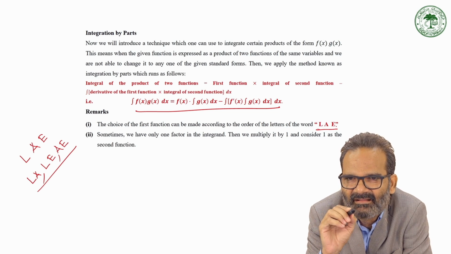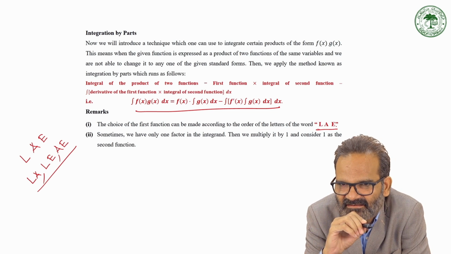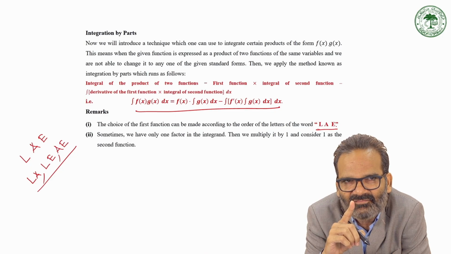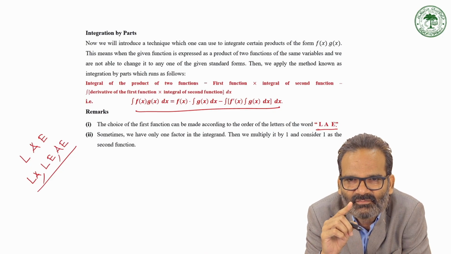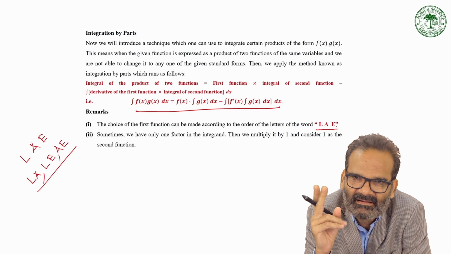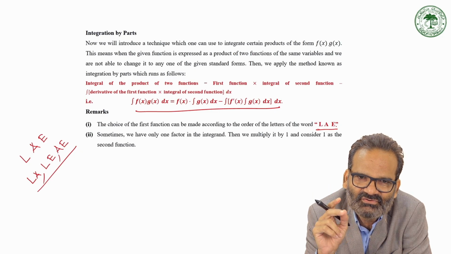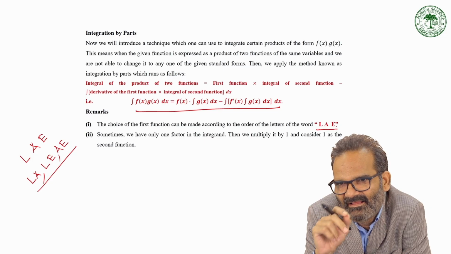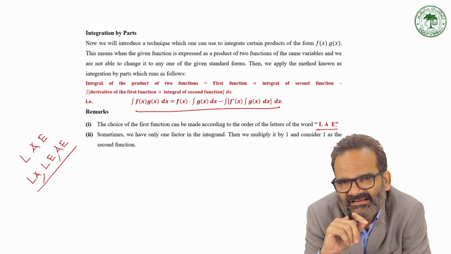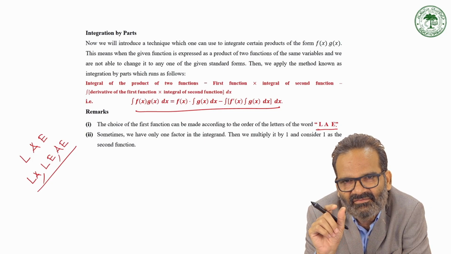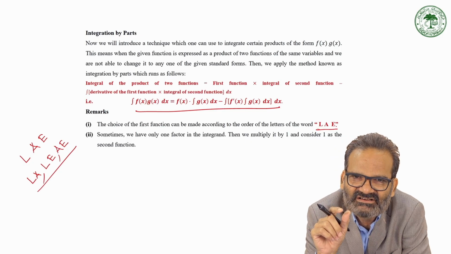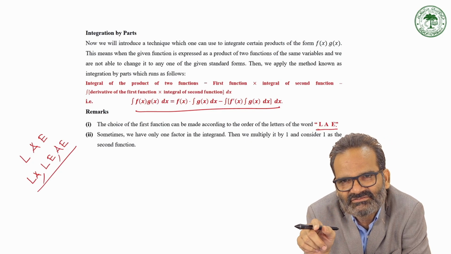For example, logarithmic is written first, so whenever two functions are being multiplied and one is logarithmic, we should always take logarithmic as the first function. Exponential is at the end, so whenever one is exponential, the exponential function should be taken as second.